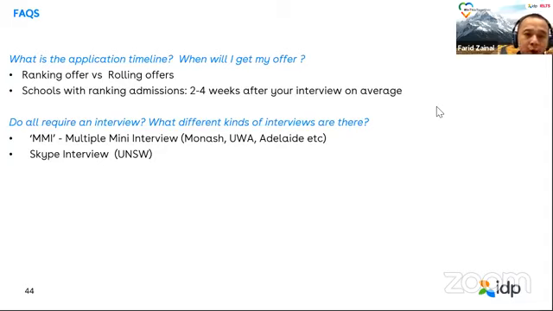On the other hand, rolling offers means that as long as the particular UST that practices rolling offers has a set passing mark in their entry scores, external admissions tests, and interview scores, and the candidate has passed all three stages and attained the overall passing cutoff scores, they will be issued an offer as early as 1 to 2 weeks after the score has been tabulated.